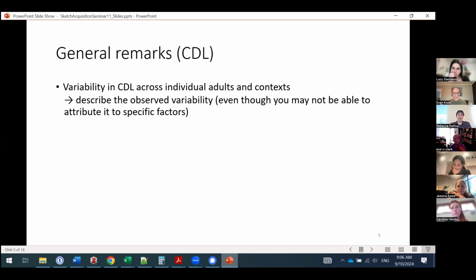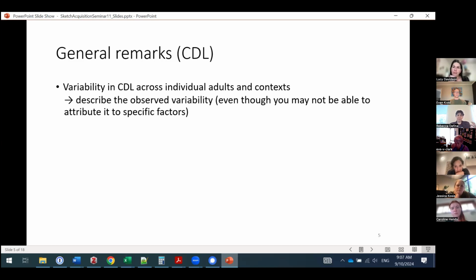And with the sketch format, you've got a small number of individuals, and there may be quite different contexts represented in your sketch, or just one, or a couple of quite similar contexts.